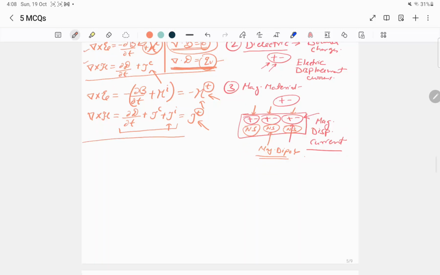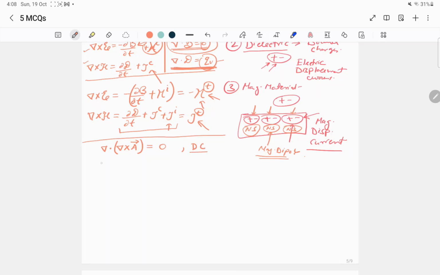Now according to a vector identity, we know that when we take the divergence of the curl of any vector A, it is always 0. We call it divergence of a curl is always 0.